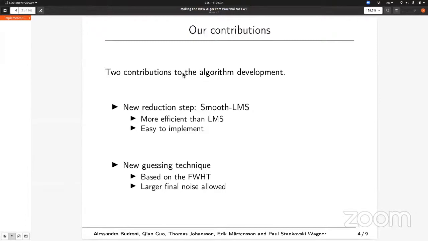Also, we introduced a new guessing technique that is based on the fast Walsh-Hadamard transform. The previous one was based on the fast Fourier transform, and this one allows a larger initial noise. So we were able to solve problems with larger initial noise.